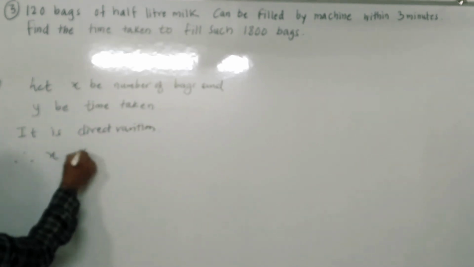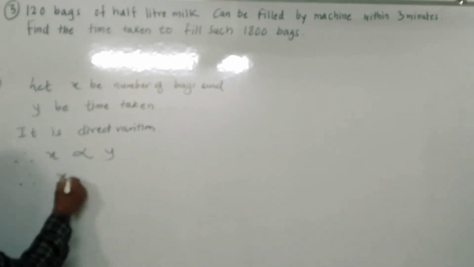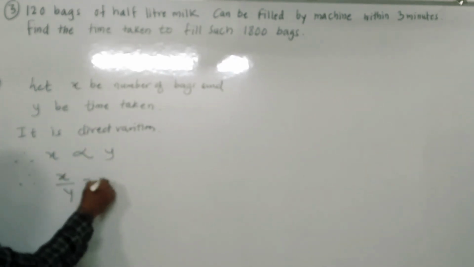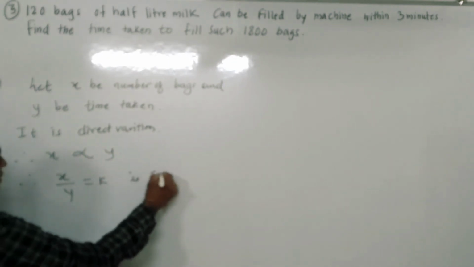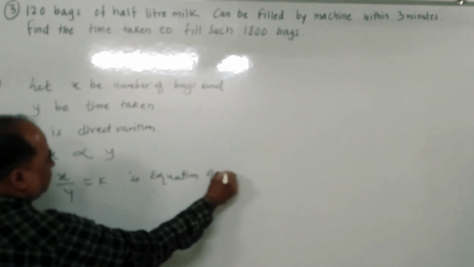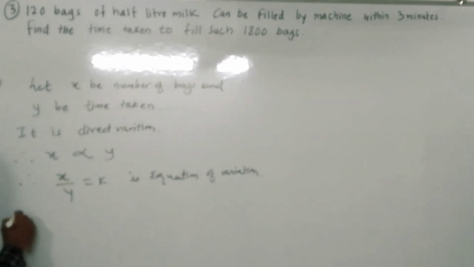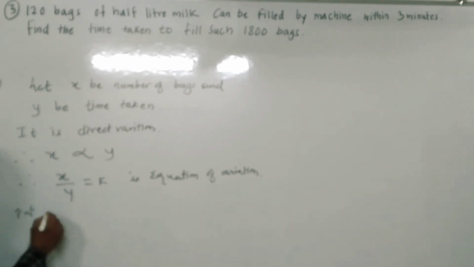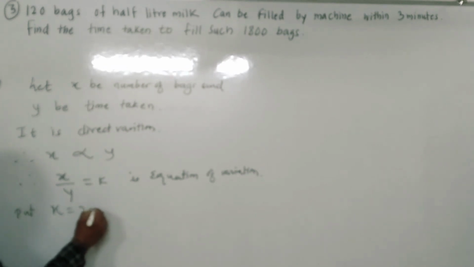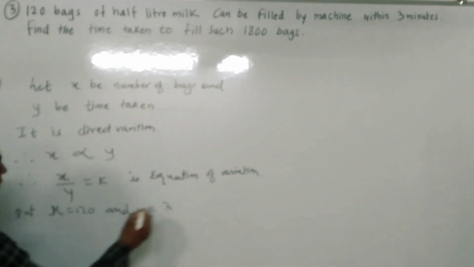Therefore, x varies directly to y. Therefore, x upon y is equal to k, the equation of variation. Now put x equal to 120 bags and y equal to 3 minutes.